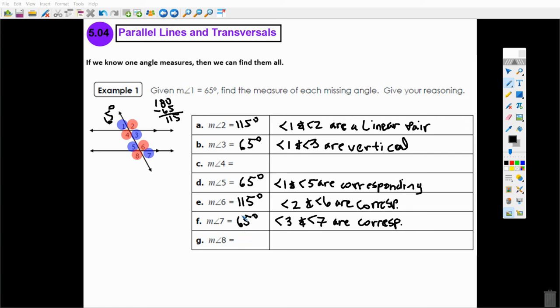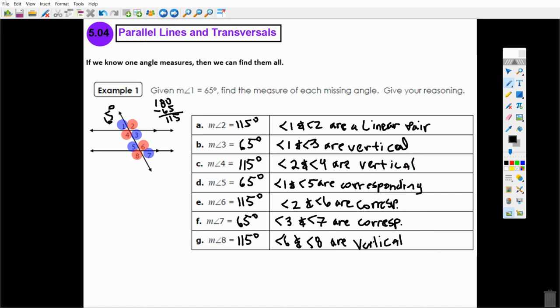Since angle 6 is 115, 8 is 115, because angle 6 and angle 8 are vertical. The only one left is 4. Well, angle 2 and angle 4 are also vertical. So that's going to be 115. Angle 2 and angle 4 are vertical.